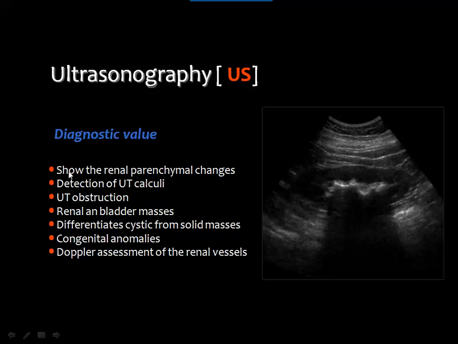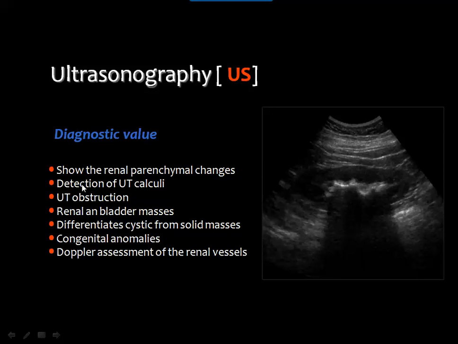Number one, it can show the renal parenchymal changes. Regarding the echogenicity of the renal parenchyma, the sonographers usually divide renal parenchymal disease into grade 1, grade 2, and grade 3 renal parenchymal disease according to the echogenicity of the renal parenchyma compared to the adjacent liver and spleen.